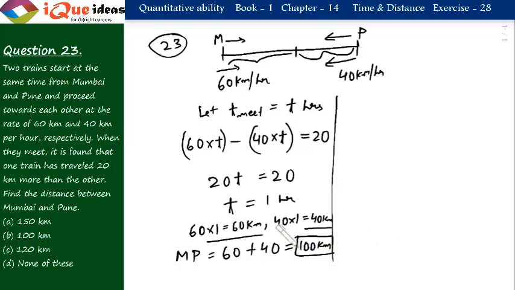Now let's look at the other method. The other method says very clearly that if the time for which they are running is the same, then straight away distances traveled are directly proportional to speed.